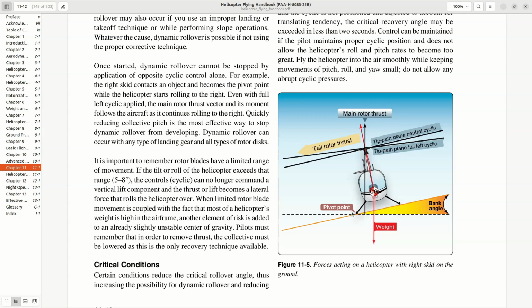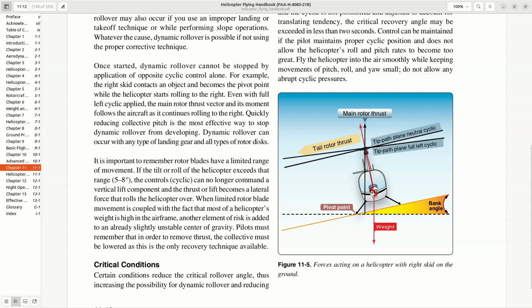So if I'm coming in on a slope, I can certainly catch a skid and create the pivot. Or if I'm even coming in on a flat surface and I get a skid caught on something, like maybe it's stuck in mud or some tar, whatever, that can also cause the situation.